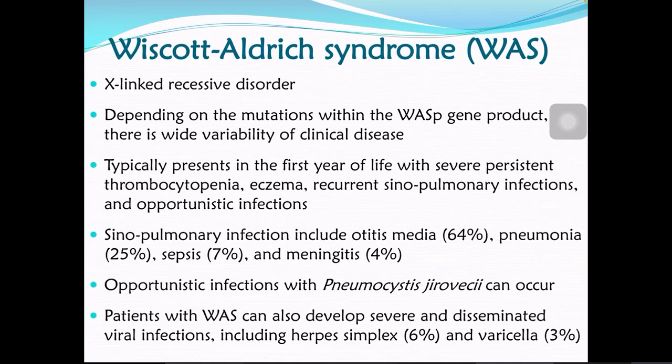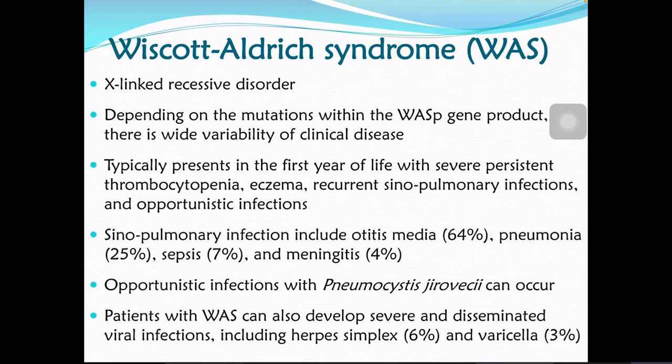We move to the next disorder, and that is Wiskott-Aldrich syndrome, which is an X-linked recessive disorder, so basically affecting males. And again, the variability of the clinical disease will depend on the mutation within the WASP gene product. These patients will also typically present within the first year and within the first 3-4 months with severe persistent thrombocytopenia, eczema, recurrent sinopulmonary infections, or opportunistic infections.